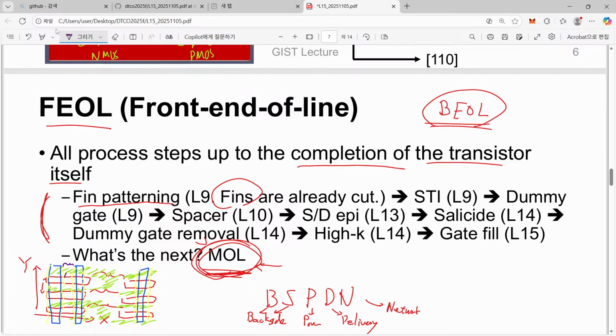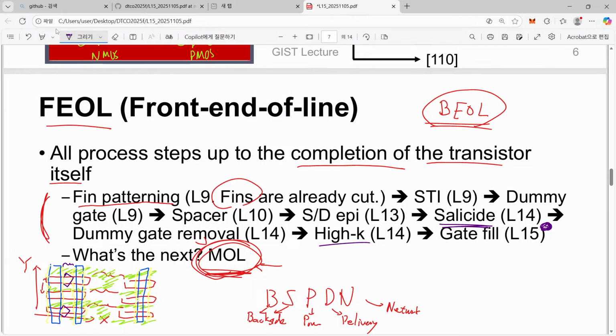Now we have diamonds here and also diamonds here, and on top of this diamond we perform salicide. So that is done for our source and drain. After that, this dummy gate, which is polysilicon, is removed, and also we introduce the high-K stack.